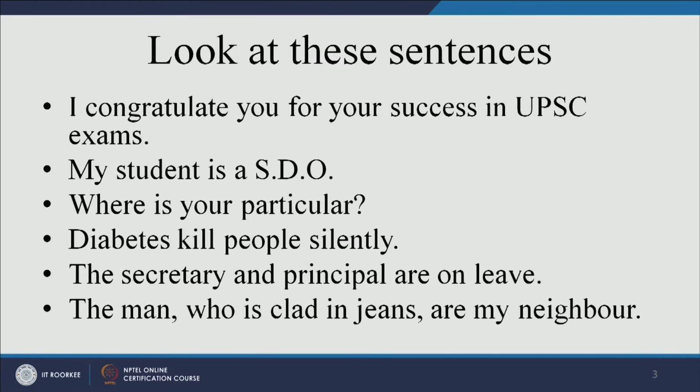See the first sentence: I congratulate you for your success in UPSC examinations. My student is a SDO. Where is your particular? Diabetes kill people silently. The secretary and principal are on leave. The man who is clad in jeans are my neighbor.